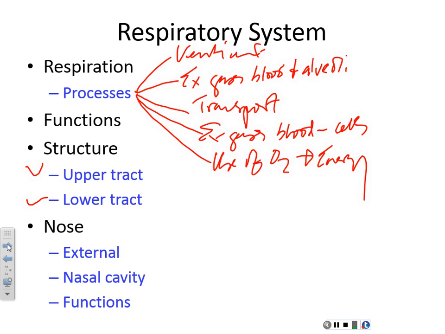You've got to filter it from particulate matter so that it doesn't go down there. That's why you've got the mucus and the ciliated pseudostratified epithelial cells, so you can move mucus and particles up, and then you can spit it or swallow it, whatever you like. So you've got to know the functions of the nasal cavity and just the basic structures.